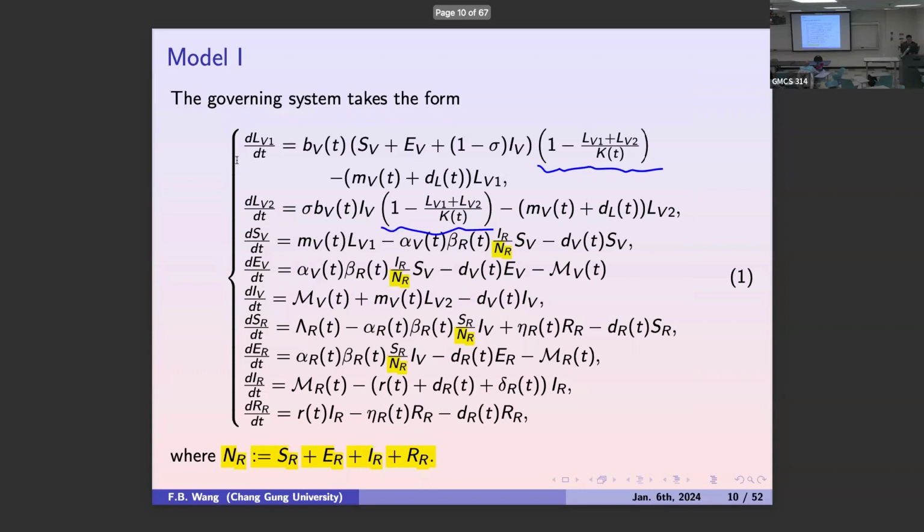So the equation is like this one. But here we also add this term, and K is the so-called carrying capacity. That means the environment is limited and can only give limited resources, so we add this term.